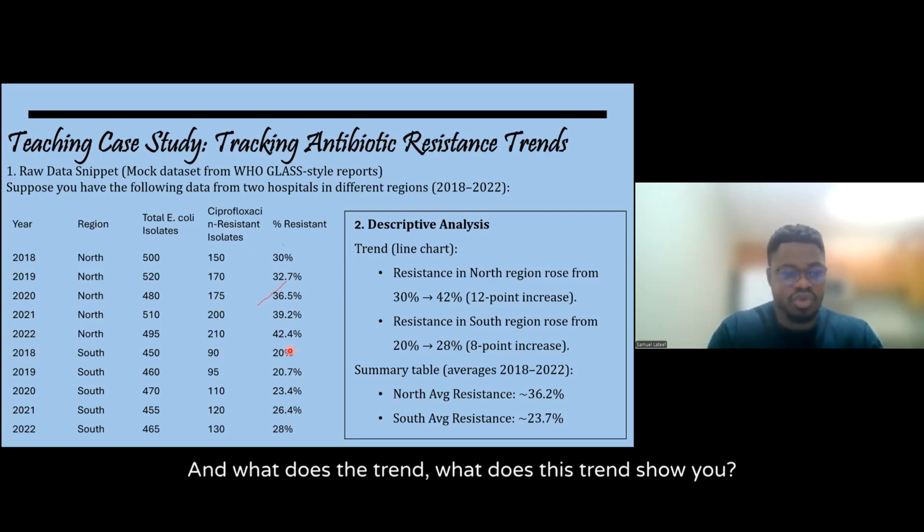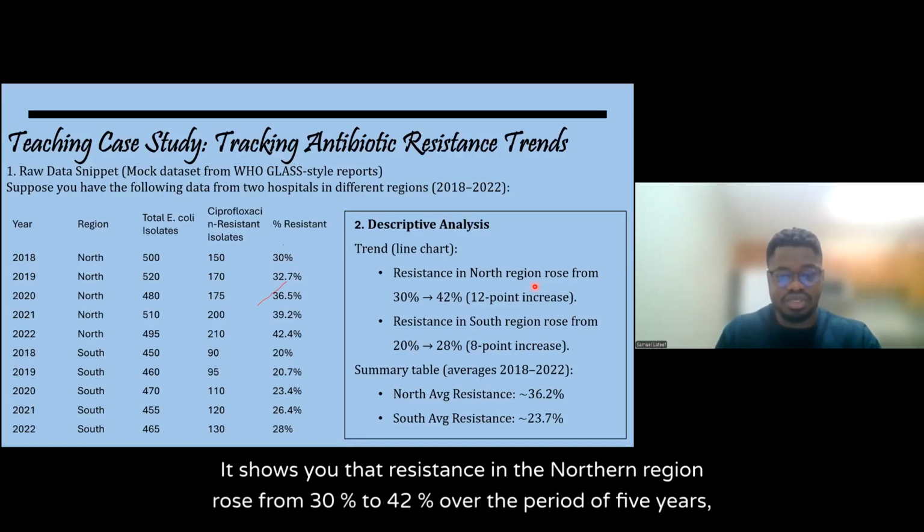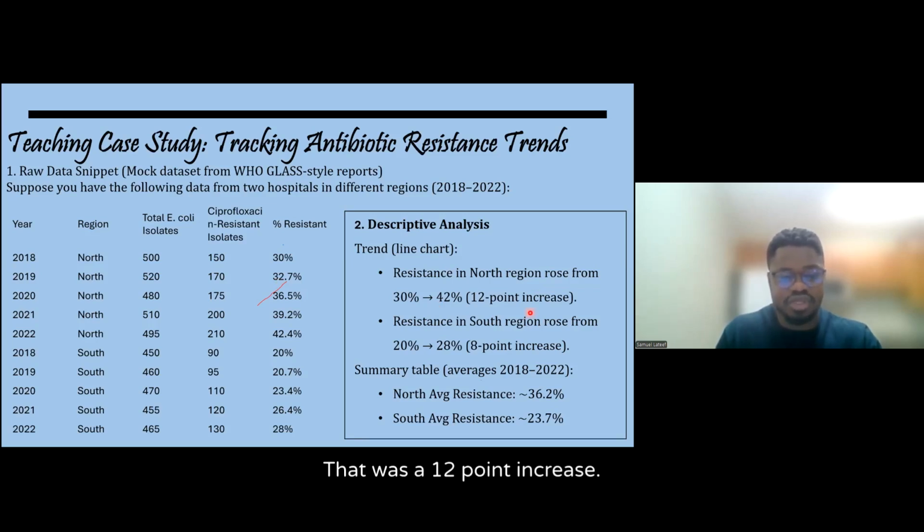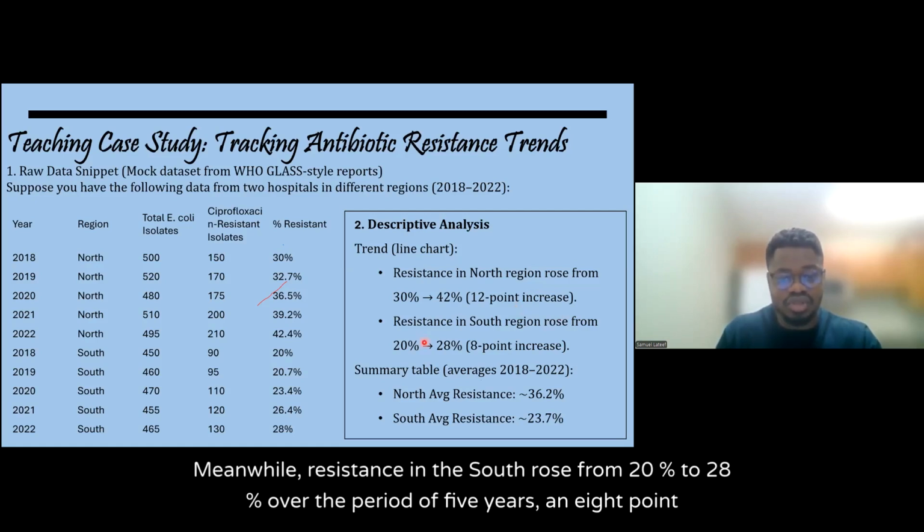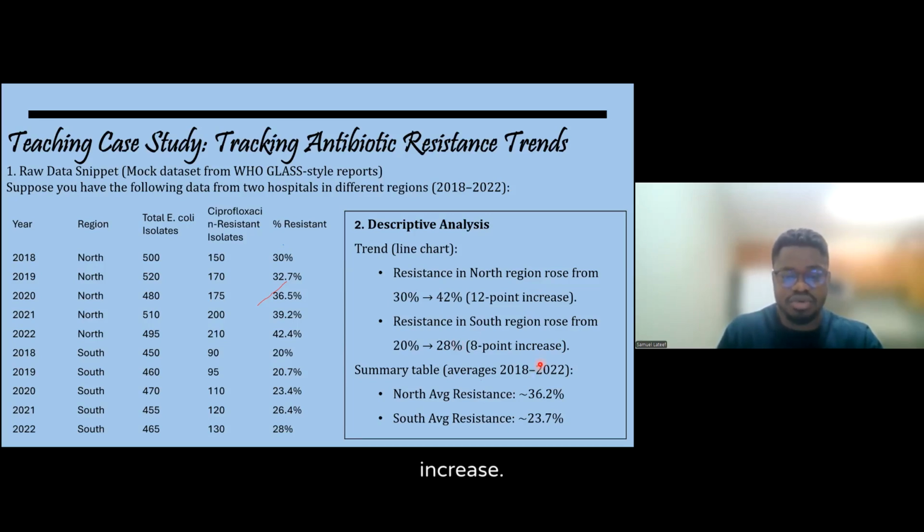And what does this trend show you? It shows you that resistance in the northern region rose from 30% to 42% over the period of 5 years, right? That's a 12-point increase. Meanwhile, resistance in the south rose from 20% to 28% over 5 years, an 8-point increase.